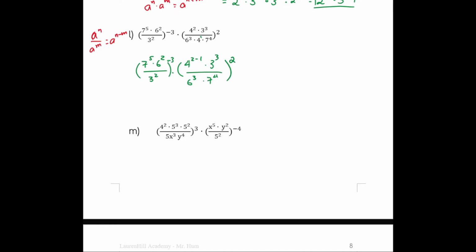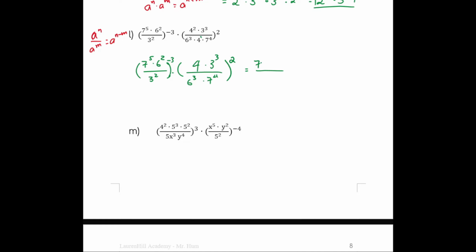So at this point, 2 minus 1 is just 1, and 4 to the 1 is just itself. Now we can distribute using that bonus tip that we used before. Just multiply this exponent to everything inside. Same deal here, there's no addition, there's no subtraction, so we can use that bonus tip. This is going to give me what?